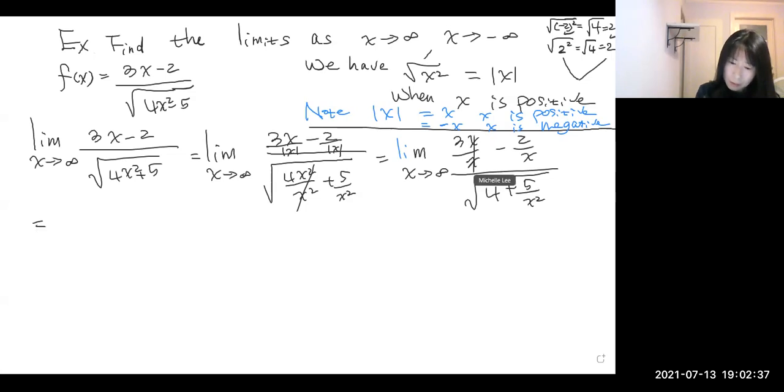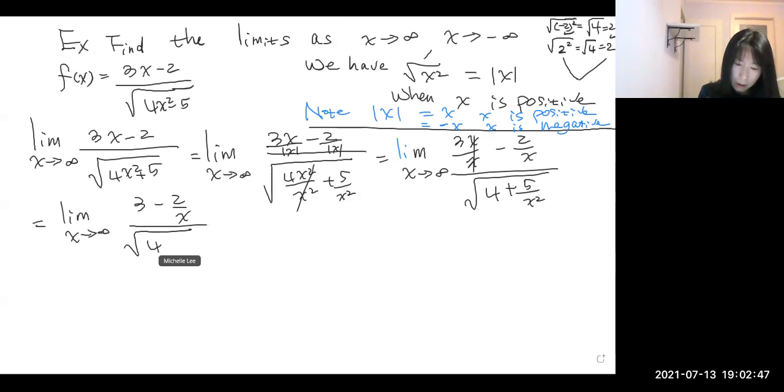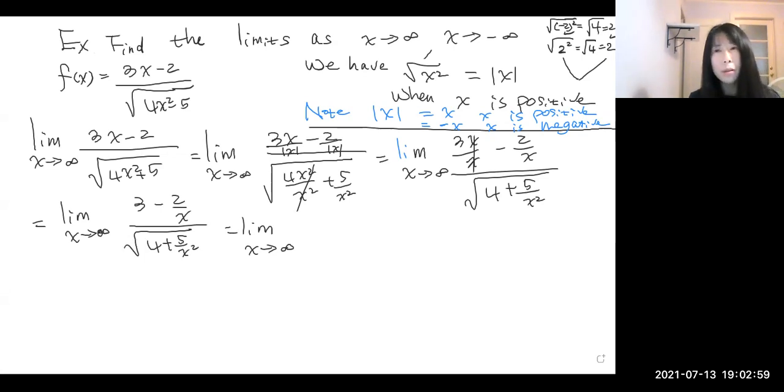Okay, then we can simplify: 3 minus 2 over x over square root of 4. All right, then when x approaches positive infinity, what do you get for the limit?